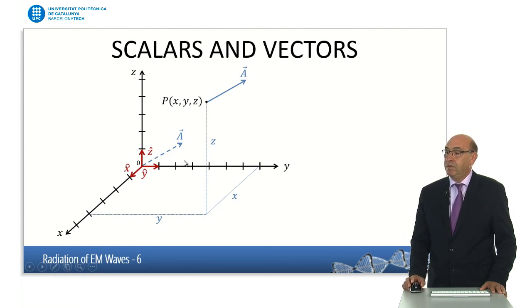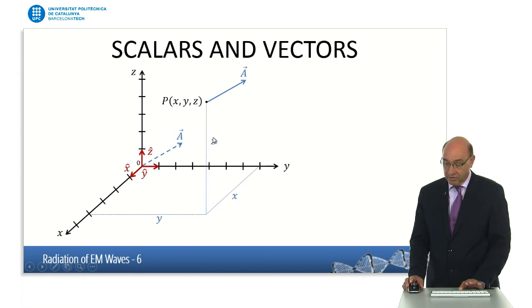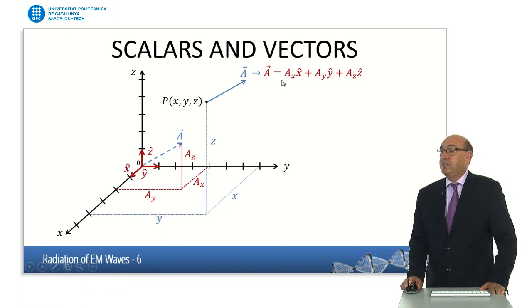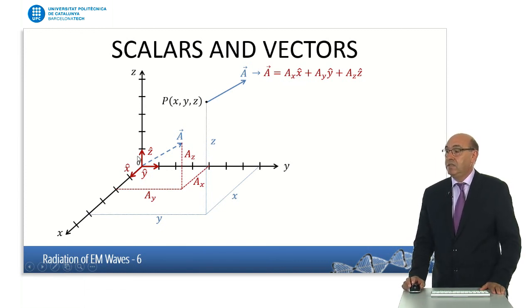With this help, we can really decompose this vector in 3 other vectors. And here is the way they are represented. The vector along the x axis, this edge, another one along this axis, y, and the z.